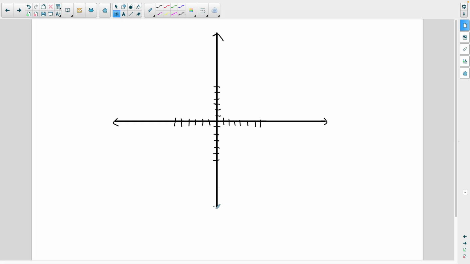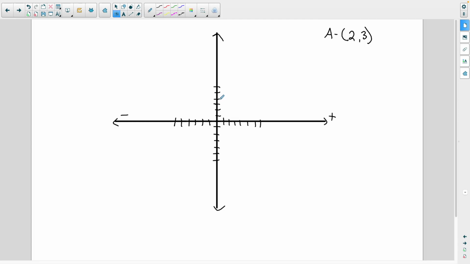So let's just go through this. First thing, we're going to draw a point. We're going to label it A, and we're going to say A is at coordinates 2, 3. Now, if you remember number lines, when we go to the right, they are positive, and when we go to the left, they are negative.